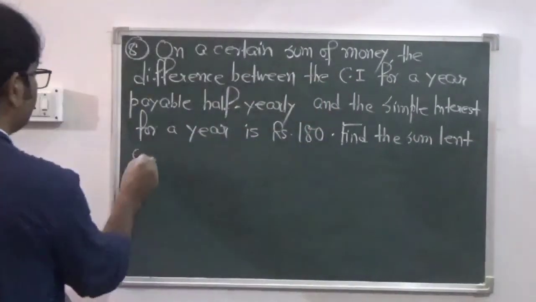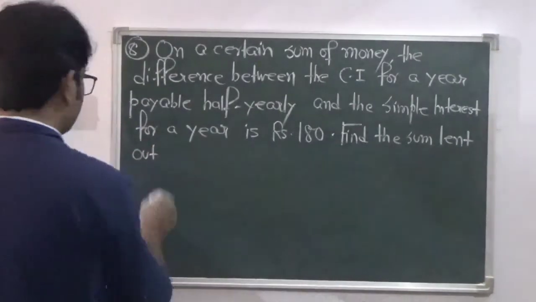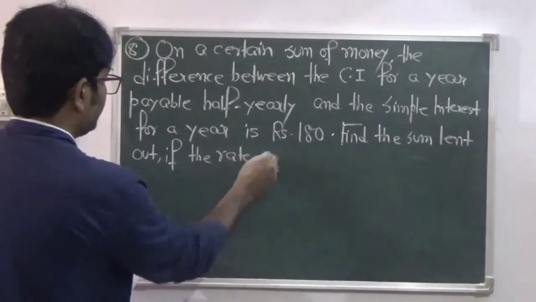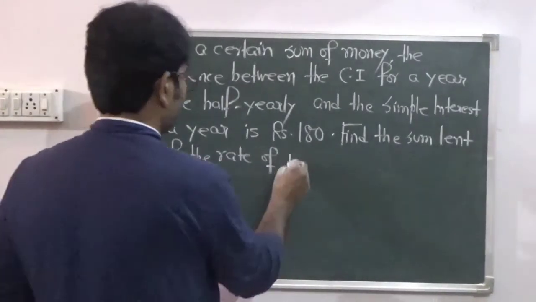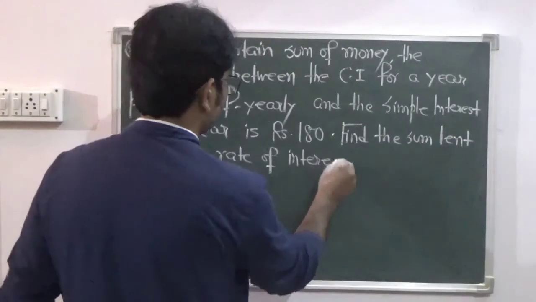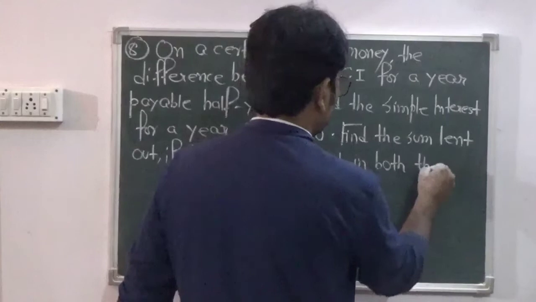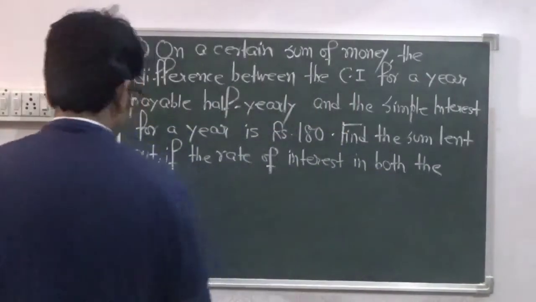Find the sum lent out if the rate of interest in both the cases is 10%.